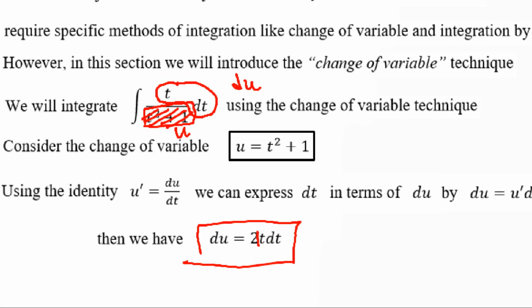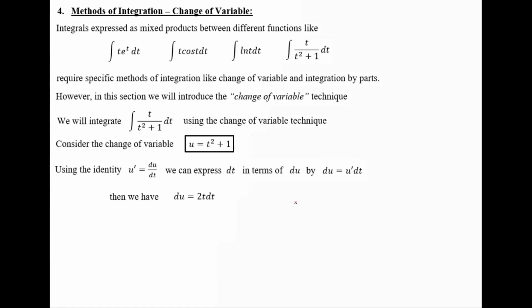We can isolate t dt, and then t dt would be given by du over 2. By that, the integral parameterized by t can now be completely parameterized by u.